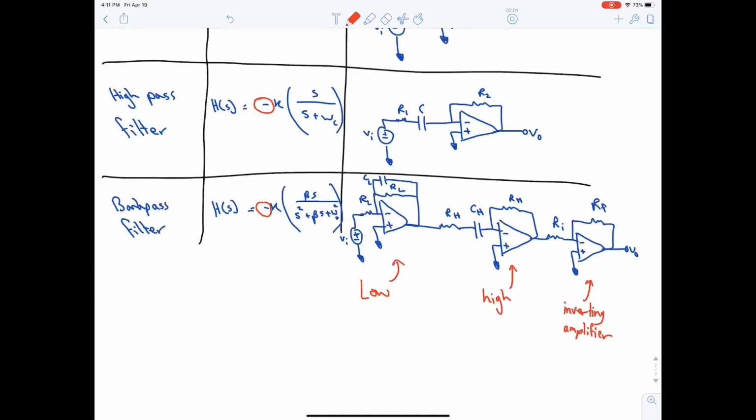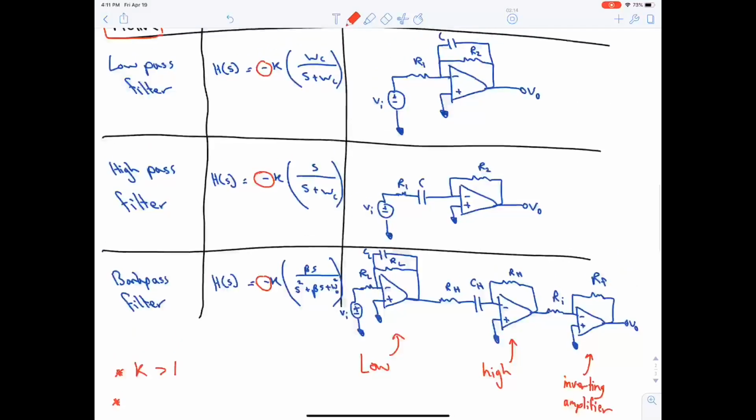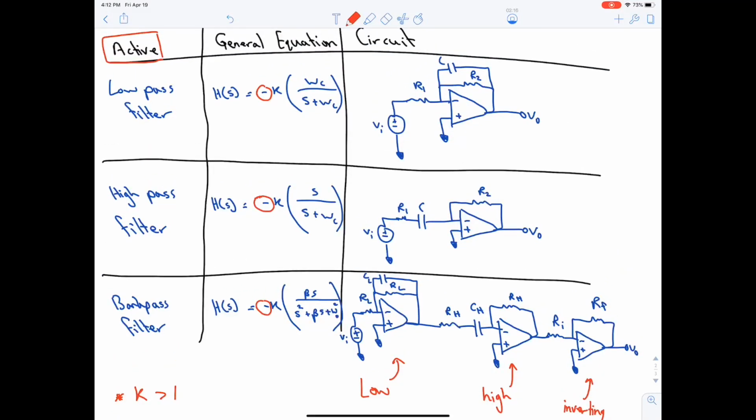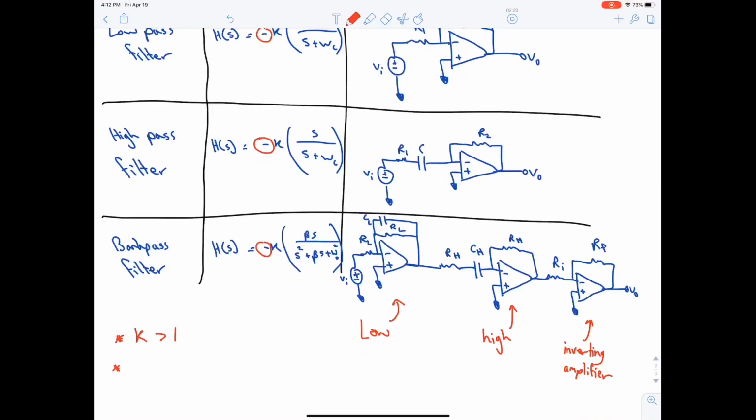Okay, now we said that in active filters the gain will exceed 1. Note that there are no inductors in the active filters. All of the components are either resistors or capacitors. One of the reasons that there's no inductor is that inductors are expensive.